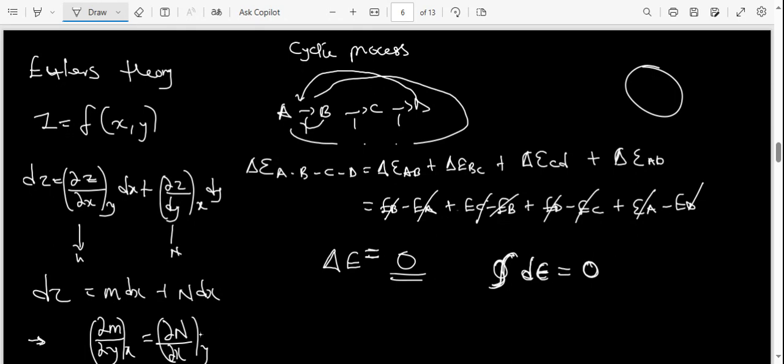So when this law is obeyed, a function is what we call a state function. Hope that is clear. Euler's theory is there to prove a state function, and all these that I'm proving are state functions, which give me zero, meaning that they just depend on the same position.